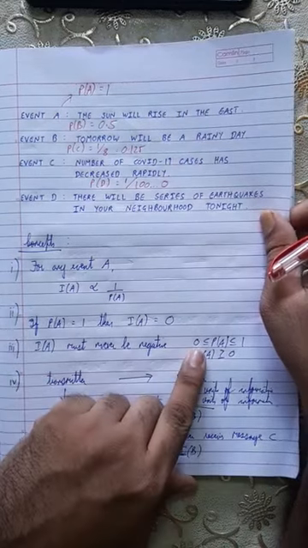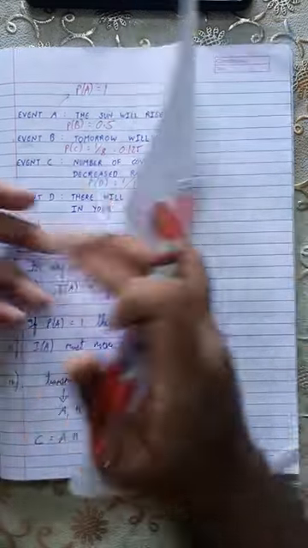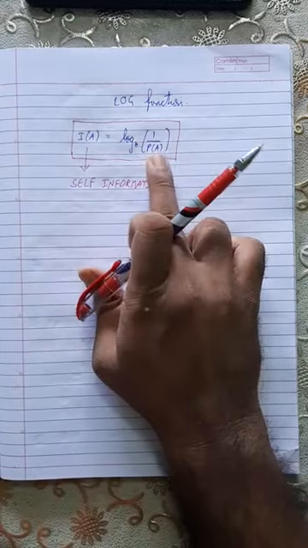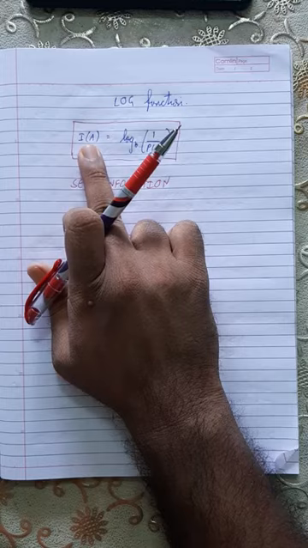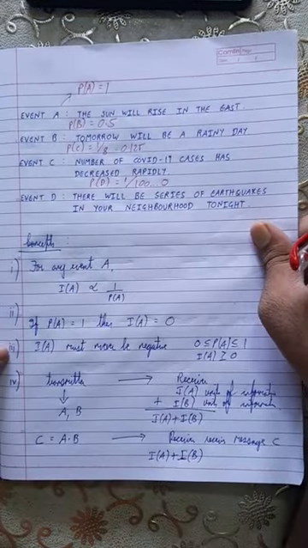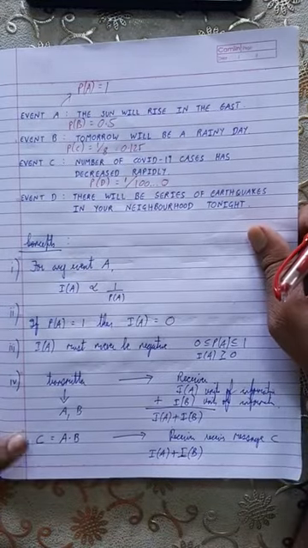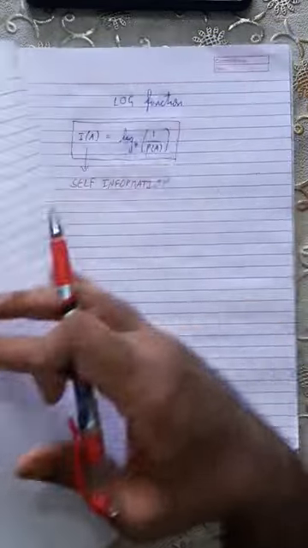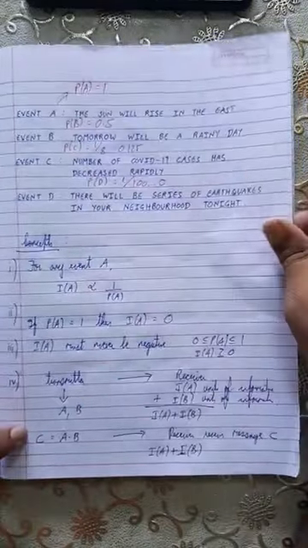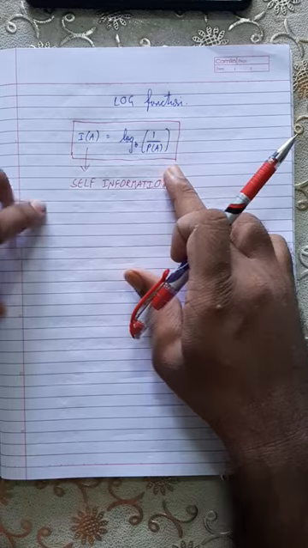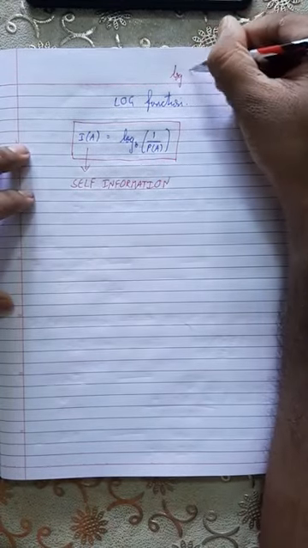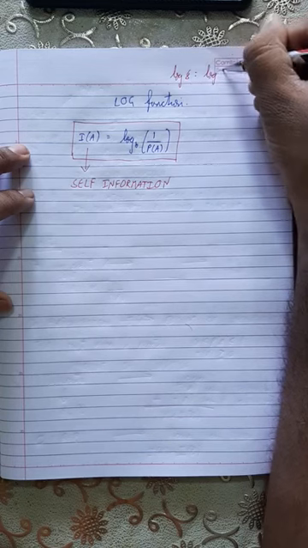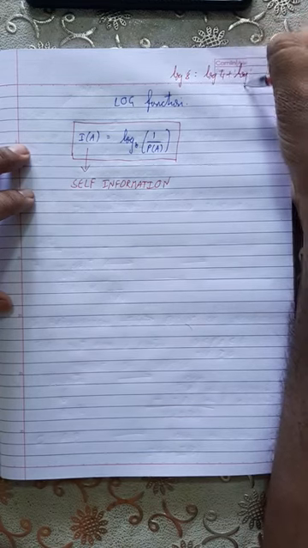And also, if you substitute any value between 0 and 1 over here, this value will never become negative. This value will always be positive. So the third condition is also satisfied. And last but not least, the last condition is also satisfied here. Because we know that log 8 is equal to log 4 plus log 2.